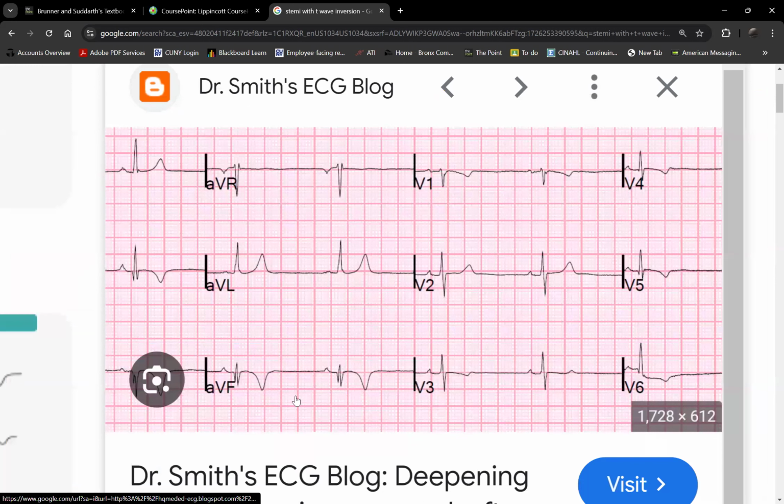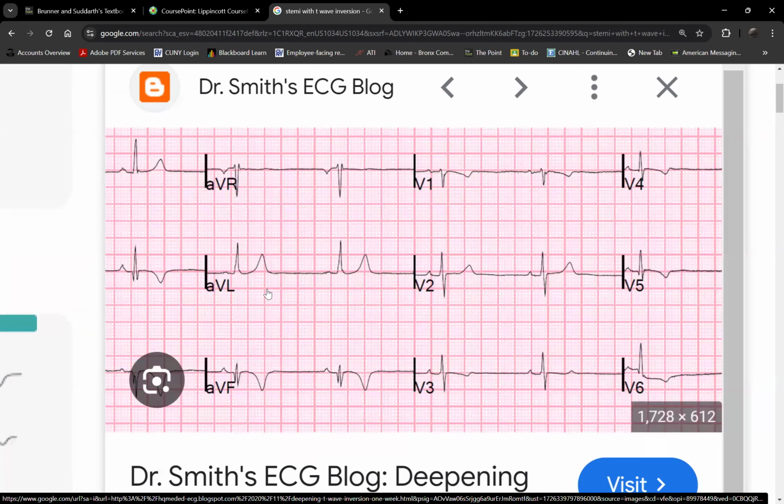Right here. So this inverted T wave here usually accompanies STEMI. This one, since there's no ST elevation here, this T wave inversion might be old, because that also stays in old MI. The patient has a history of an old MI.